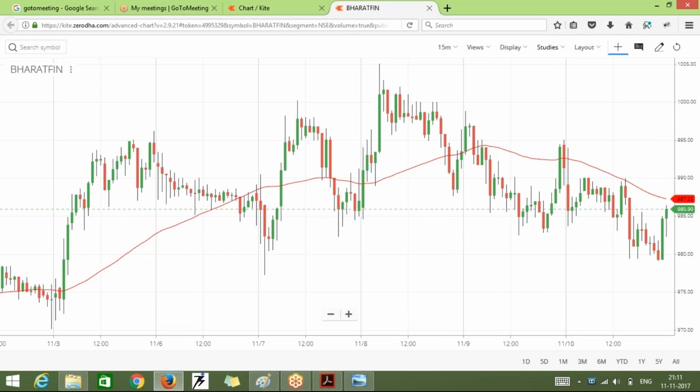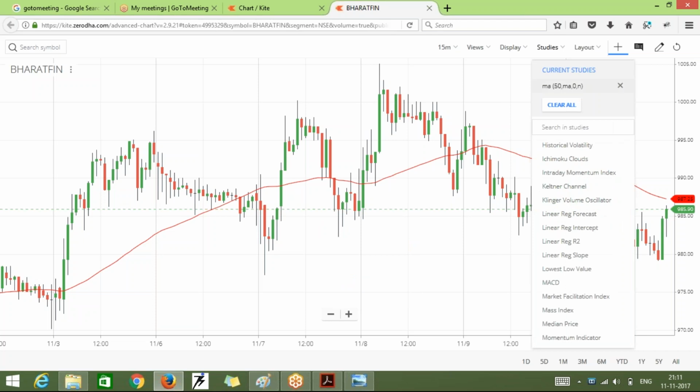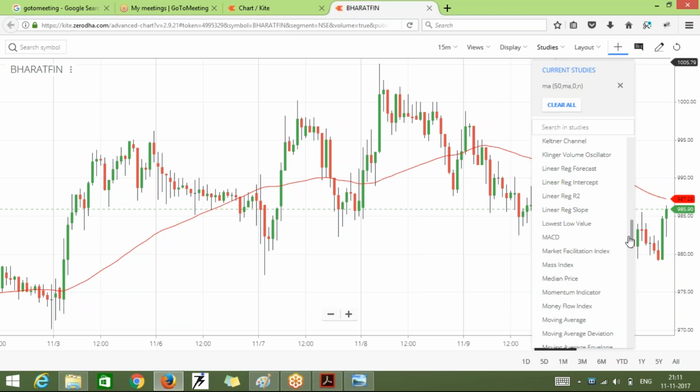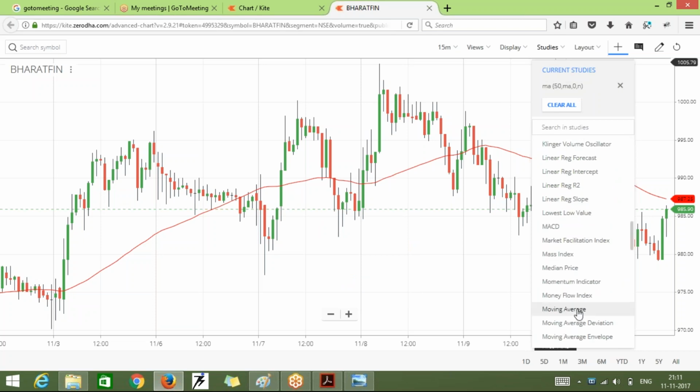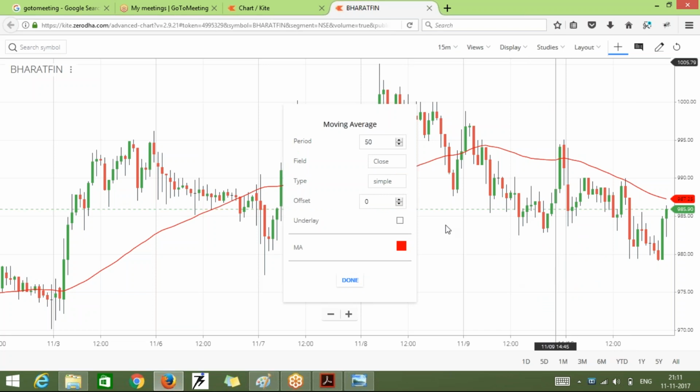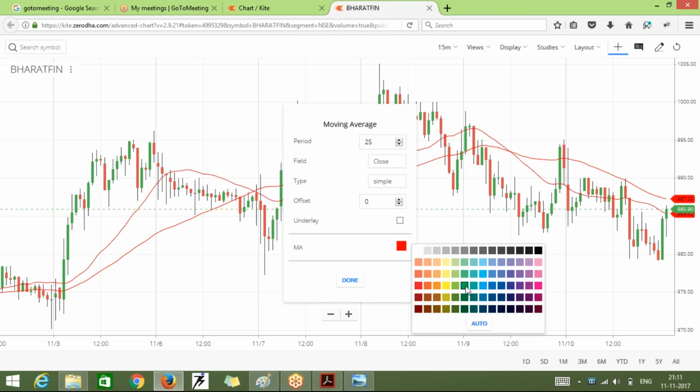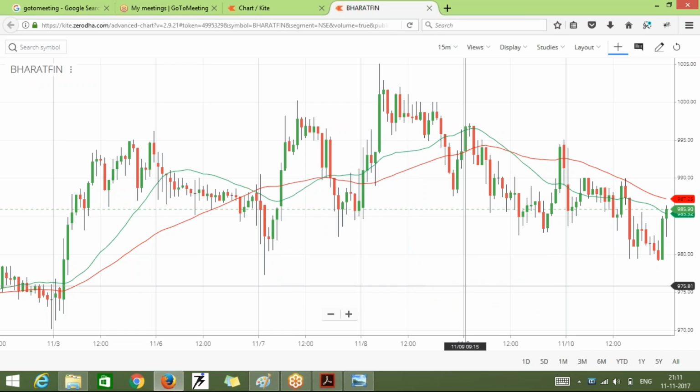Then for a crossover, we need to take another moving average. That we'll be doing as 25 days. And let's make it green in color. So here you can see this is being plotted.